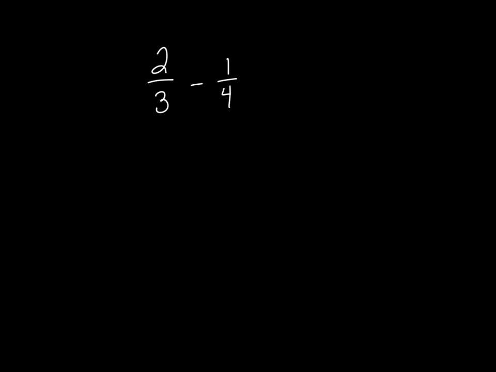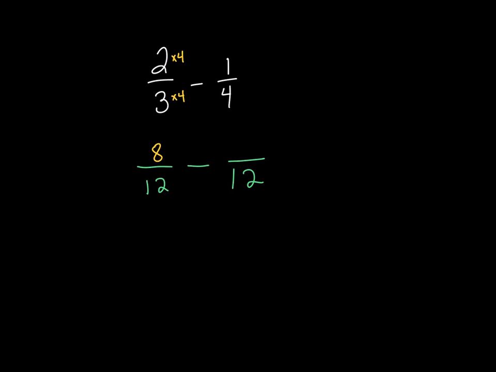Okay, once again, we need a common denominator. The smallest number that 3 and 4 will both go into is 12. So now we need to multiply 3 by 4 to get 12, which means I also do 2 times 4, which is 8. And that's how I find my equivalent fraction with the common denominator.